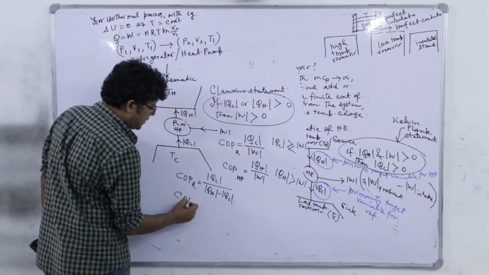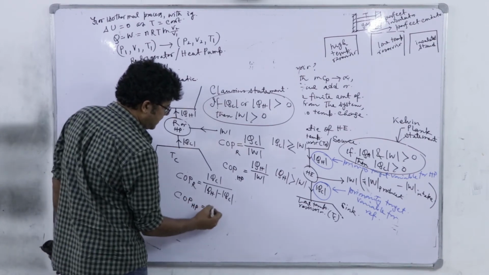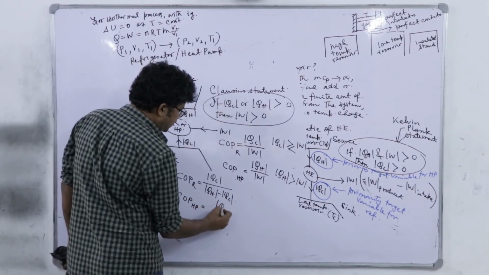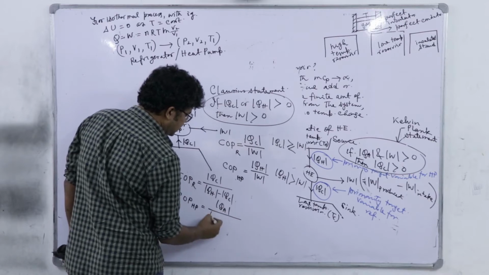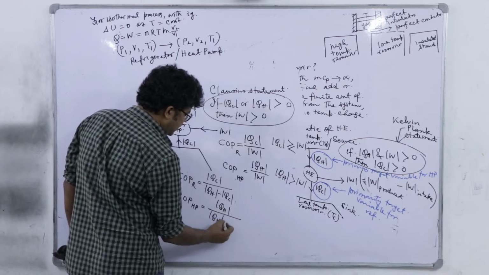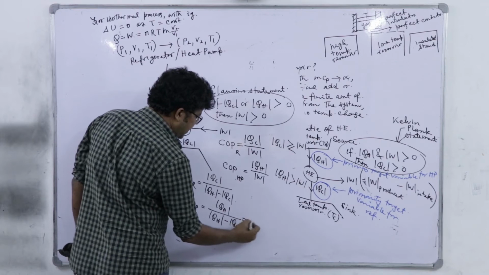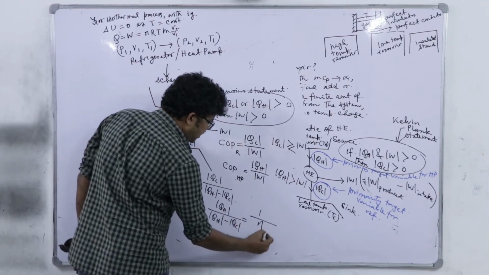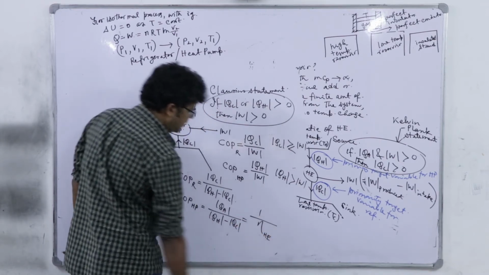And the coefficient of performance for a heat pump is mod QH divided by mod QH minus mod QC, and this is going to be 1 minus the respective efficiency of the heat engine.